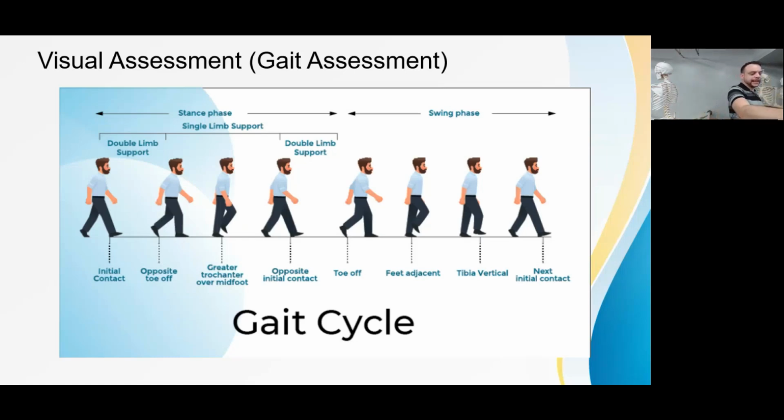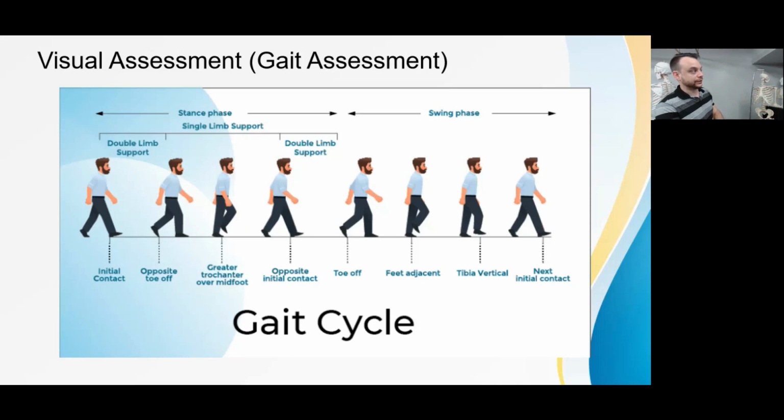So first, the gait cycle is measured from, as indicated in this image, initial contact, or what we call heel strike, the strike of the heel. The heel hits the ground of one foot to the same initial contact, or heel strike, of that same foot. We have the toe off of the opposite foot.